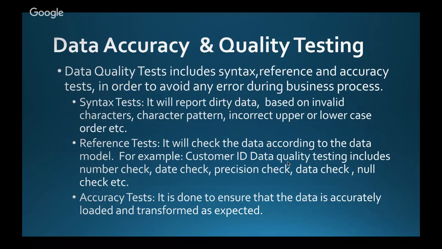So data accuracy and quality testing is very important for the final business output, be it a report, analytics, or any BI-related output which you are looking for. That data accuracy and high quality is very important to be ensured.